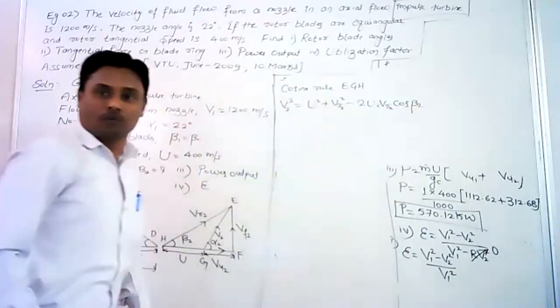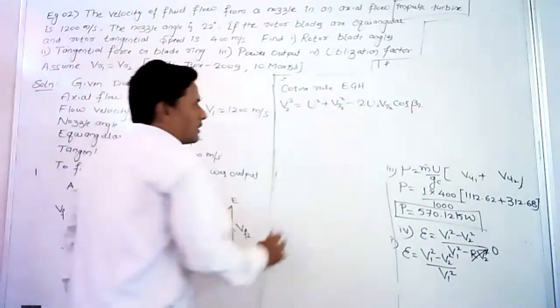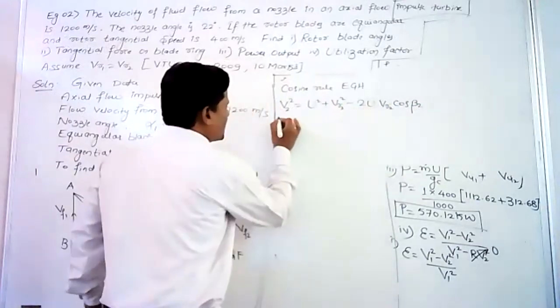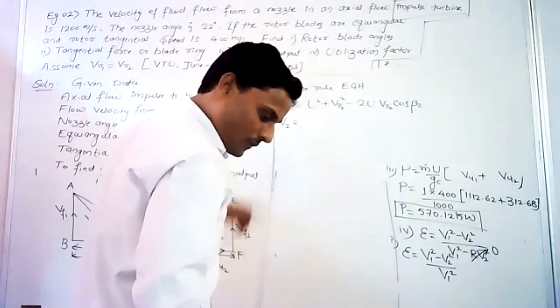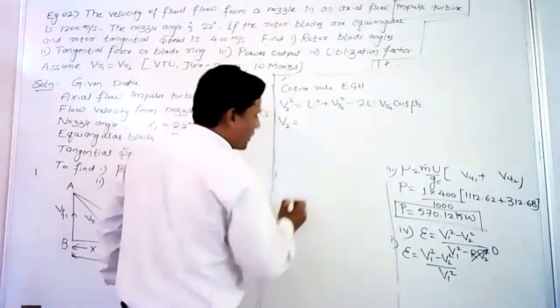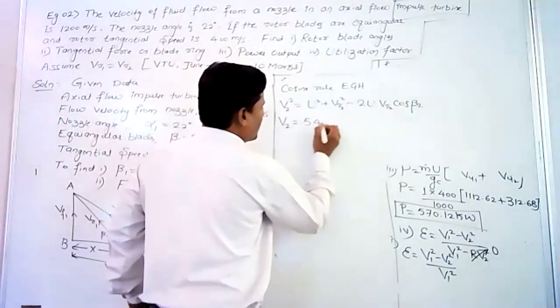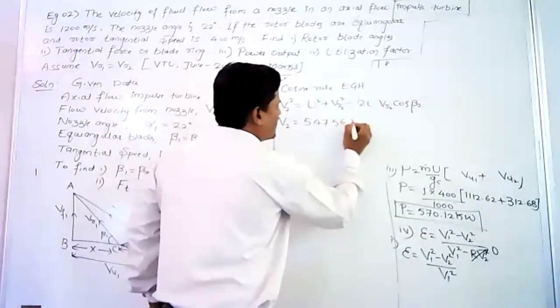This is the cosine rule formula. So substitute all the values and try to get the value of V2. The expected answer for V2 is 547.56 meters per second.